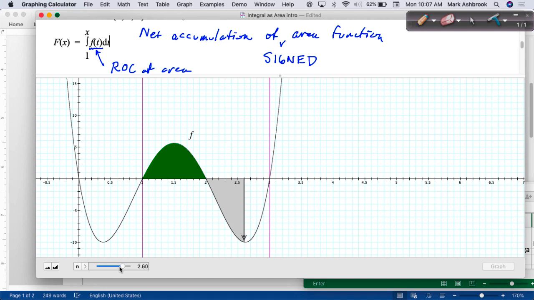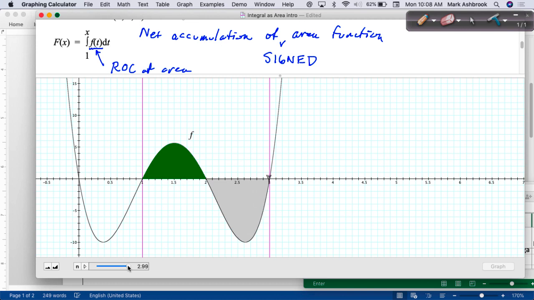I'm trying to guess where that capital F function is going to return to 0, because for the green regions, it's going to increase a certain amount, and then the gray is going to kick in, the negative rate, and it's going to start to decrease. And at some point, that amount of gray is going to be equal to the amount of green, and our capital F function is going to be back at 0. Do you see that? And then after that, the capital F function will be less than 0 and getting more negative.